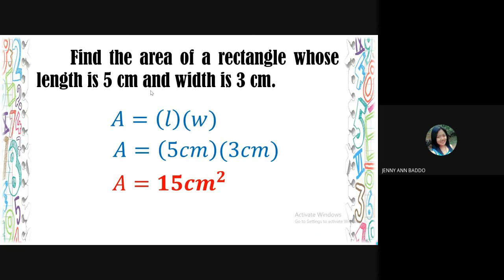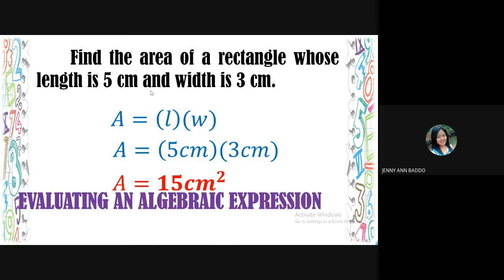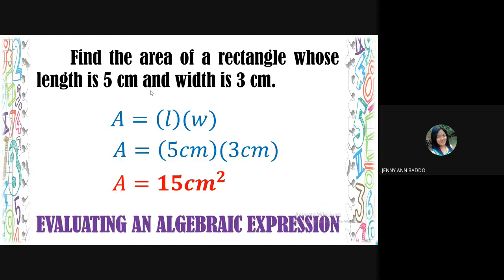Take note, this is an elementary lesson, and our lesson for today is just like this. So I hope we will take on our discussion easily because you already have knowledge on our next lesson, because the process of substituting values to a given variable is evaluating the given algebraic expression.